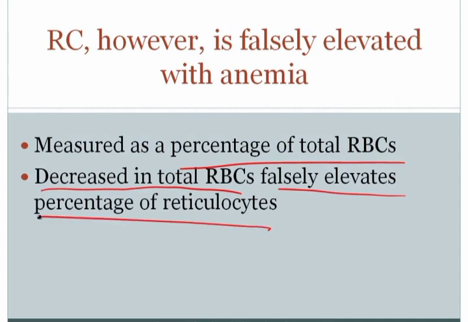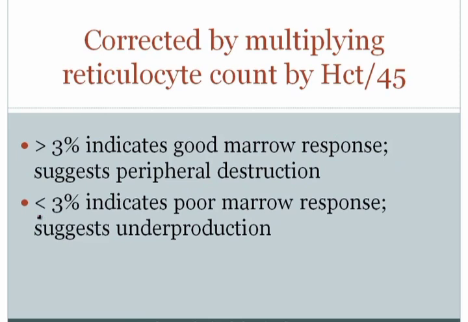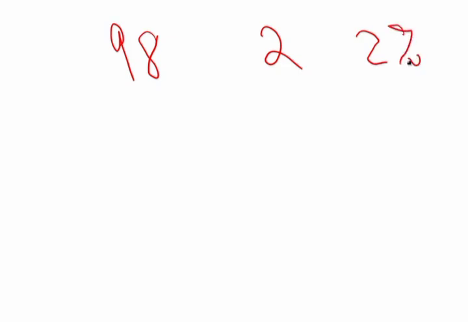Therefore, in order to adjust for the anemia, we need to correct the reticulocyte count. And how do we correct the reticulocyte count? By multiplying it by the hematocrit divided by 45. That then would correct the reticulocyte count. So let's go back to the whiteboard. Remember in our example, the patient normally had 98 cells and 2 reticulocytes, giving a percentage of 2%.